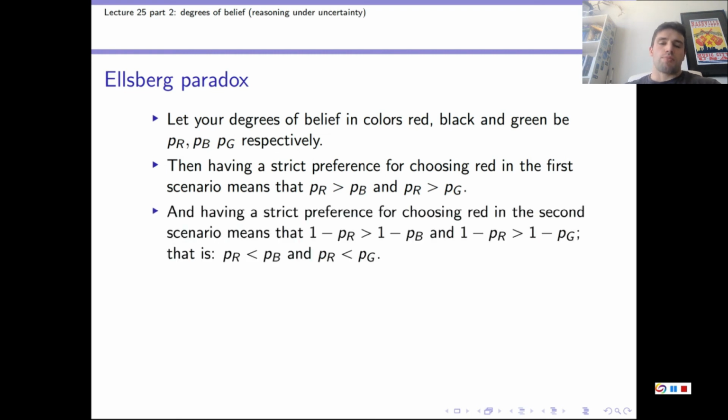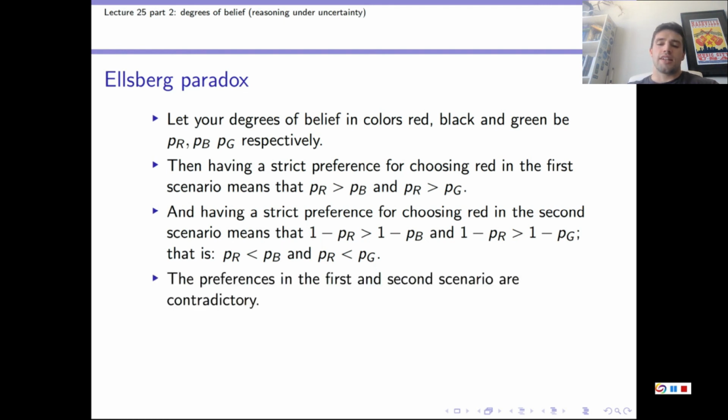But having a strict preference for betting on red in the second question, which most people do, means that 1 minus P(R) is bigger than 1 minus P(B), and 1 minus P(R) is bigger than 1 minus P(G). And if we rearrange those equivalently, that's the same as saying P(R) is less than P(B), and P(R) is less than P(G). And this clearly contradicts the consequence of preferring to bet on red in the first question.